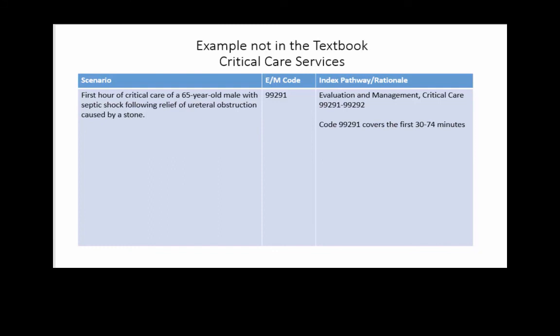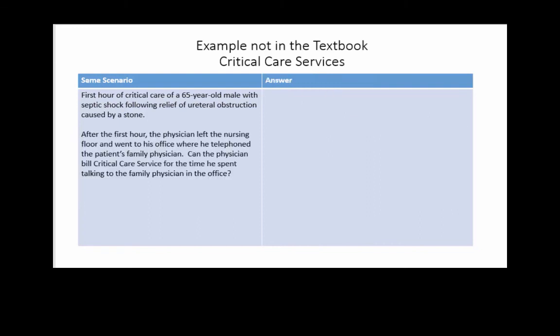The selection of the code depends on the amount of time that's documented in the patient's record. This documentation tells us the first hour, which is the first 60 minutes, so that's going to fall within the range of 30 to 74 minutes, which takes us to code 99291.